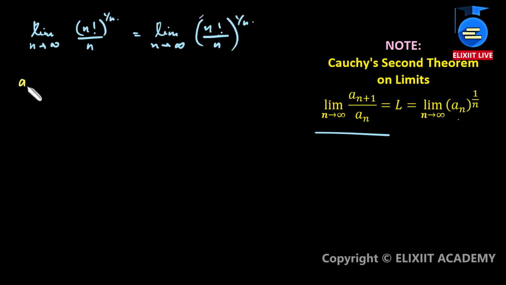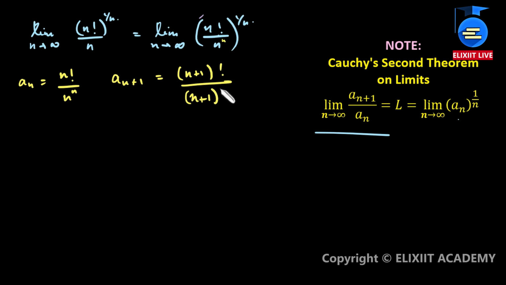So what is a(n) in this case? a(n) is n factorial upon n to the power n. And what is a(n+1)? a(n+1) will be n plus 1 factorial upon n plus 1 whole to the power n plus 1. In place of n, we simply replace it by n plus 1.